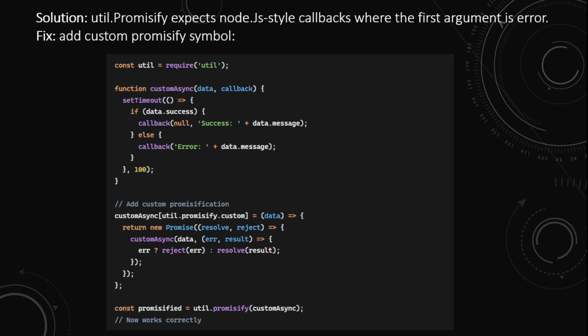So with that, some snippet needs to be added like this: custom async, and under the square brackets util.promisify.custom, and then the data is passed as an argument to the callback, which is then registering a promise, and under the promise the resolve and rejection will be processed.